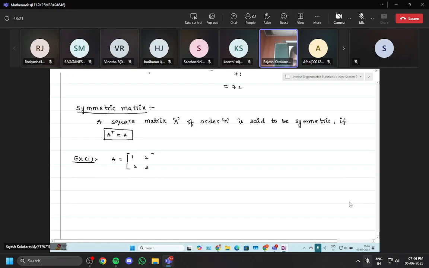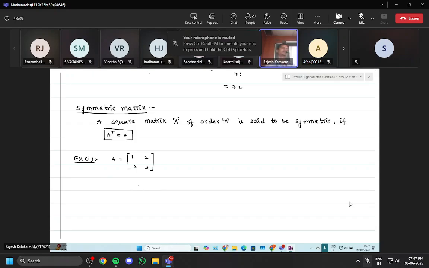What happens if it is a rectangular, non-square matrix? When we interchange rows and columns, the order of the matrix will be different. When the order is different, we cannot say the matrices are equal. We learned in equality of matrices that matrix A equals matrix B only if they are of the same order and every element of A equals the corresponding element of B.